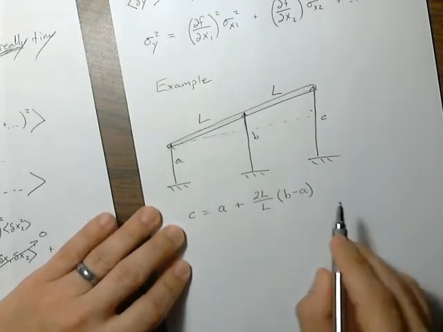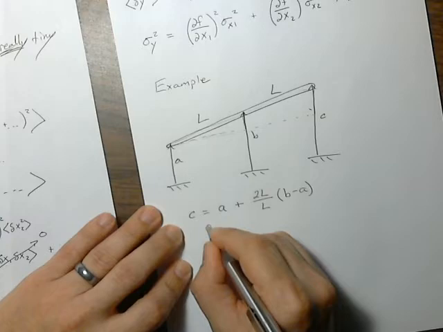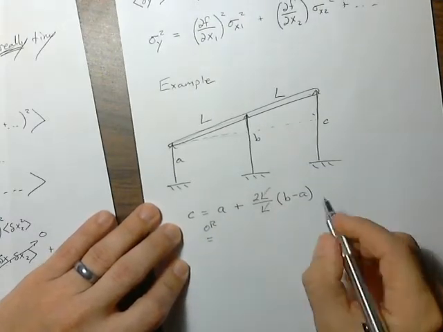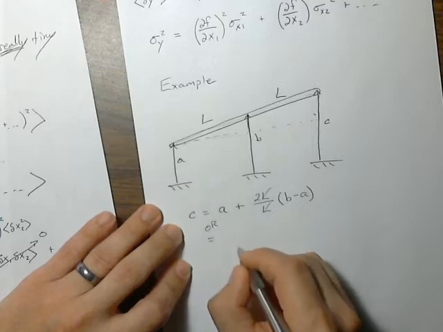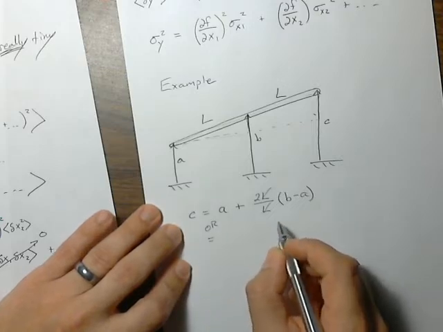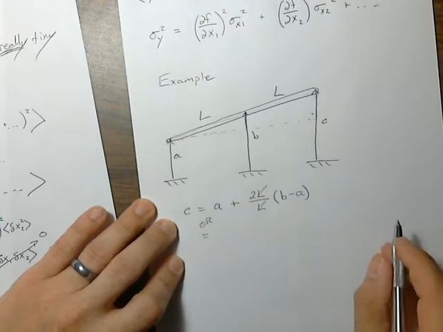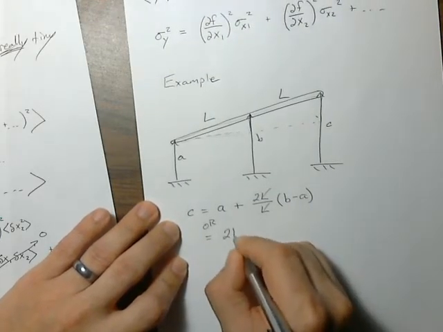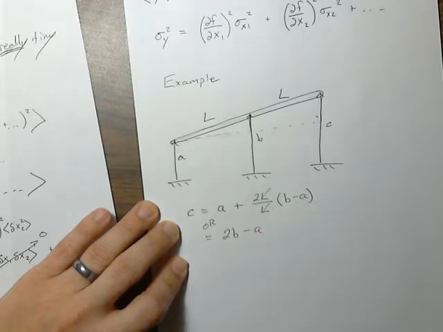So we get this. Obviously the L's cancel, and we're left with C is just equal to, or excuse me, 2B minus A. There we go. That's better.